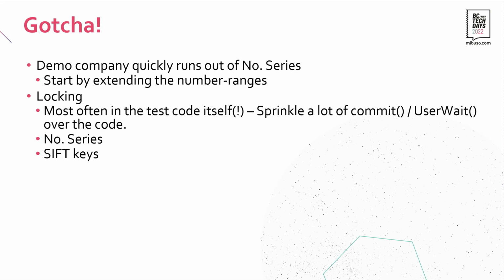And then, of course, the number series. Does anyone know about allow gaps in number series? A few, okay. It's a very important thing, because when you get a number from the number series, we're actually logging that when we pick the number. In certain cases, you want that.